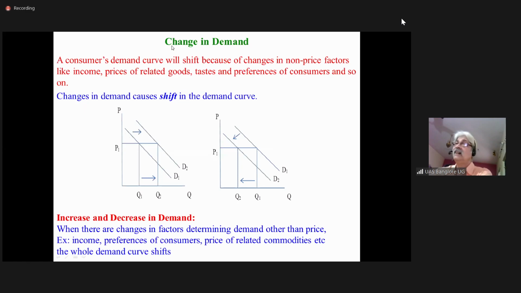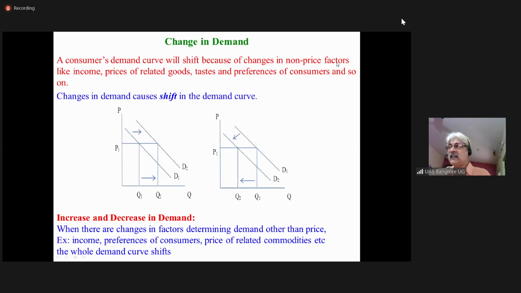Now, the other one is change in demand, or increase and decrease in demand. Here, we are not moving along the same demand curve. What happens here is a consumer's demand curve will shift. The demand curve itself will shift because of changes in non-price factors.